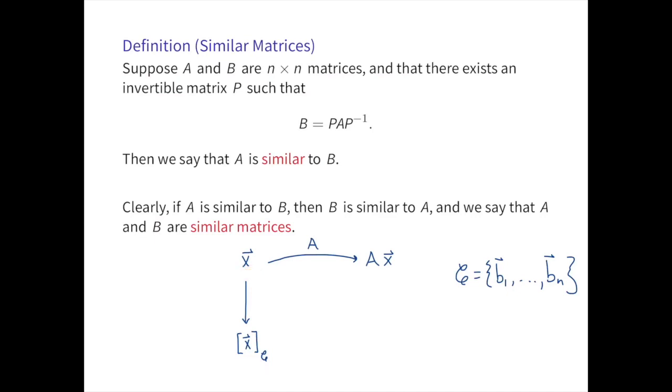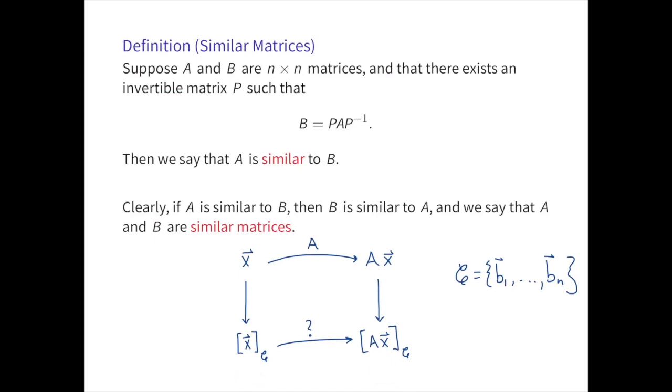We can also do the exact same thing with the vector A times x, expressing it in terms of this coordinate basis. And the question you might ask is, how are these two vectors related? In other words, when we express our vector x in coordinates and our vector A times x in coordinates, how do you get from one to the other?